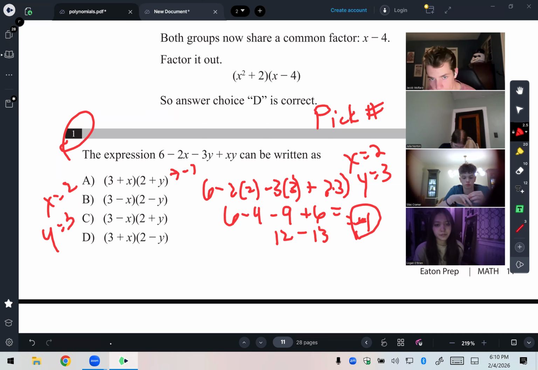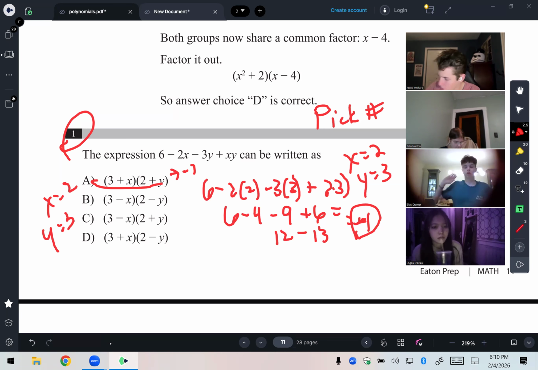If I try A, I'm going to get 5 times 5, which doesn't work. If I try B, I'll get 3 minus 2, which is 1, and 2 minus 3, which is negative 1.